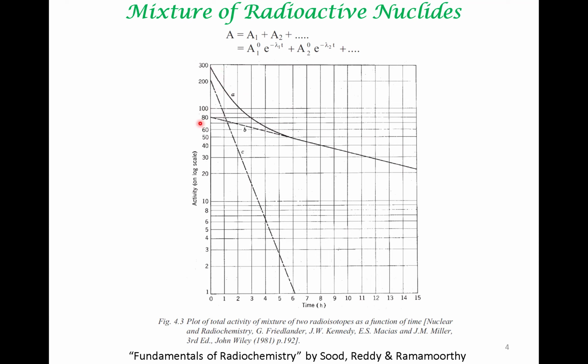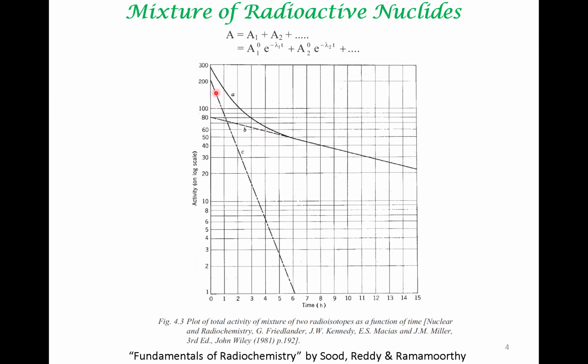When you plot it in the log scale, note this y-axis is along the log scale, the slopes are indicative of lambdas. So B and C correspond to two different decay constants.